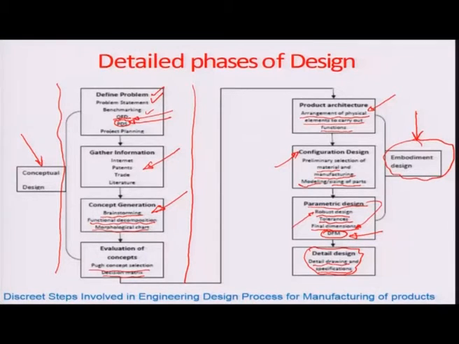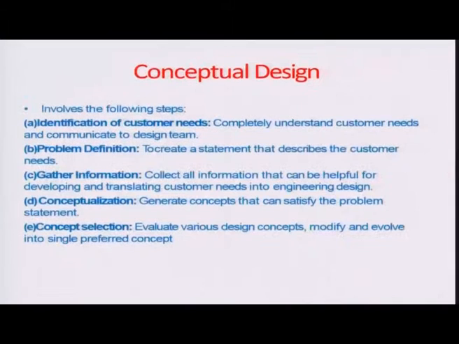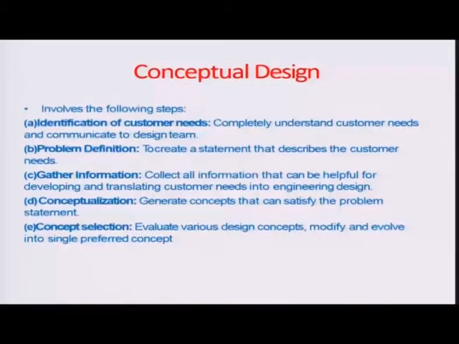So, we will try to gauge the engineering design process into these two broad steps or categories, and move ahead with some definitions or small pieces of information which are needed for you to understand these. So, the conceptual design involves the following steps.